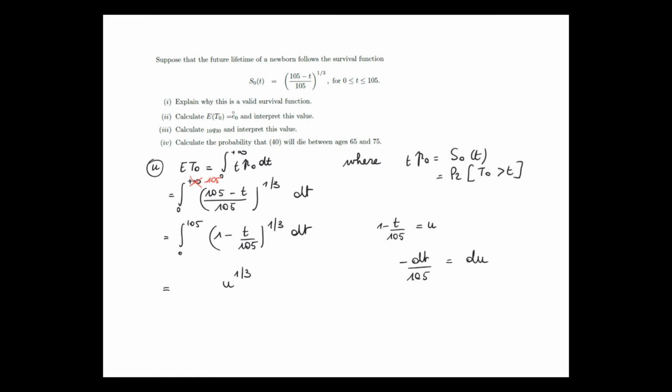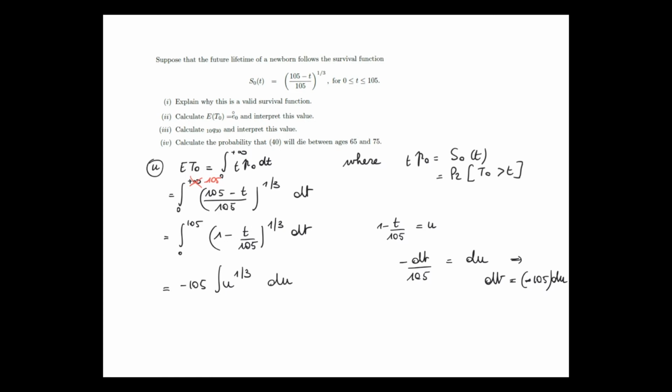So what is my dt? That is equal to minus 105 times du. That's what I can plug in over here, minus 105. And then I need to think about my boundaries.